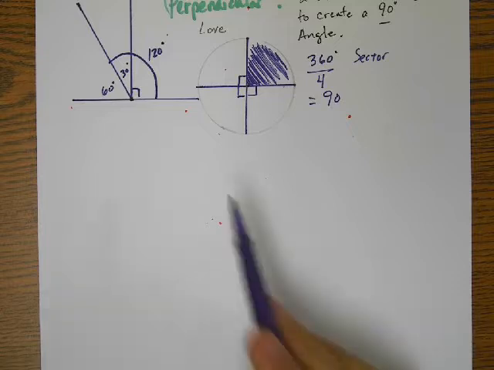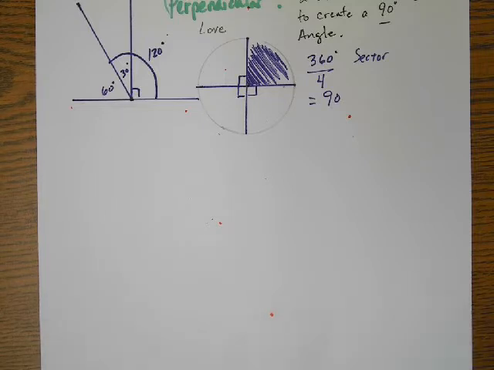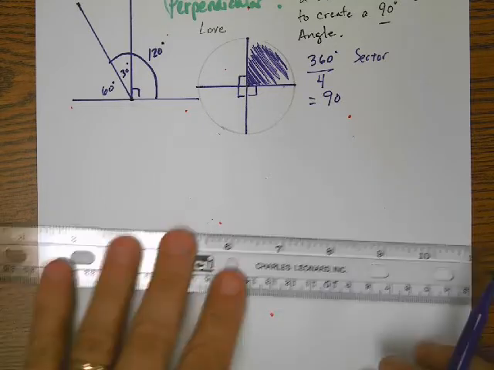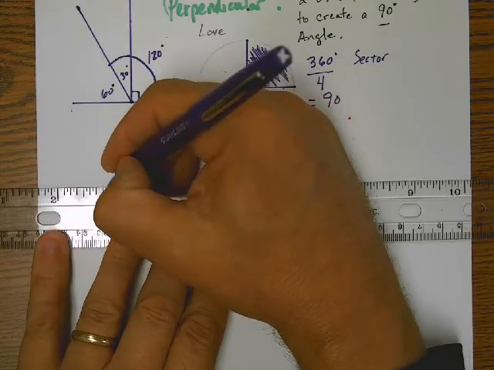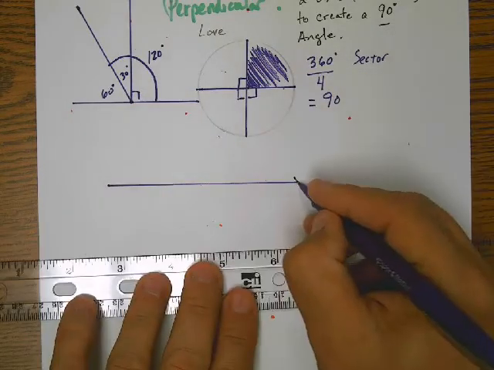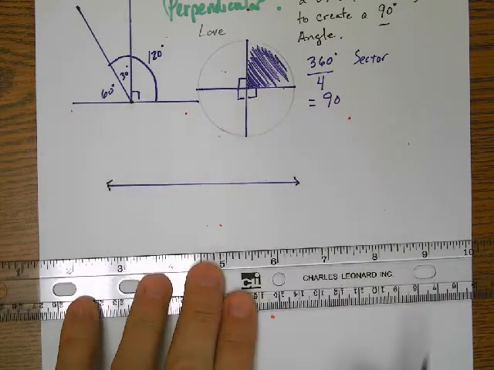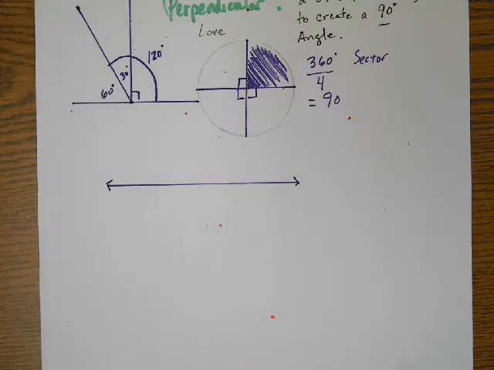So let's get into the mechanical part of the lesson. Now that we understand what degree and perpendicular is, let's start off with a line. And now we're going to construct a perpendicular line to a line.